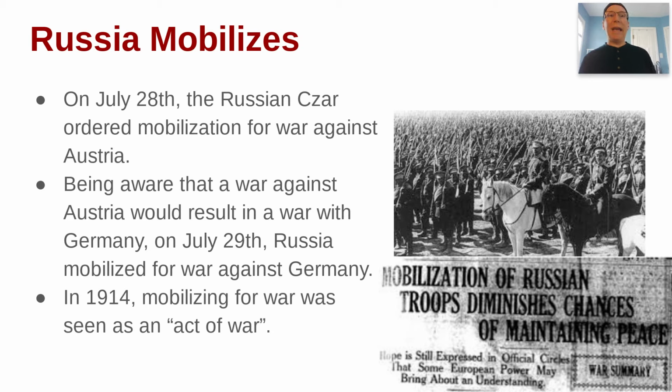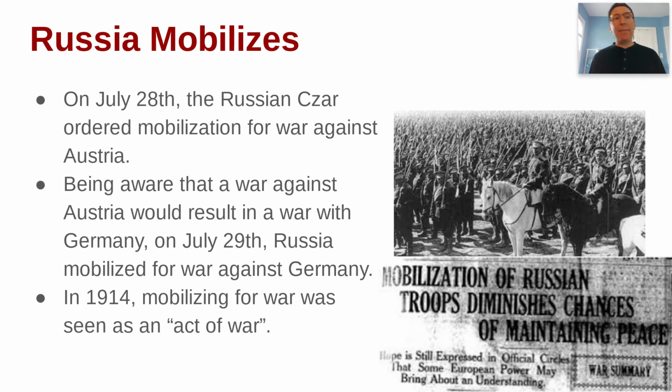So on July 28th, the Russian Tsar, Nicholas II, orders mobilization for war against Austria. Now, his generals come up to him and say after that, we can't really just mobilize for war against Austria. Austria is allied with Germany. All of our war plans for a potential battle with them calls for defending and fighting against both of them. That's what our plans say. We have to follow our plans.